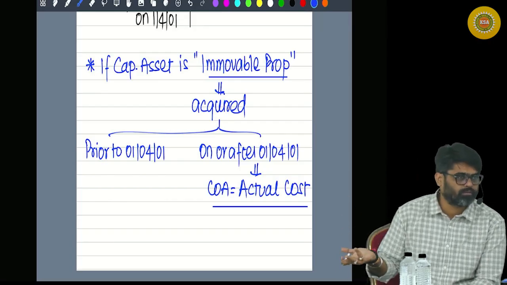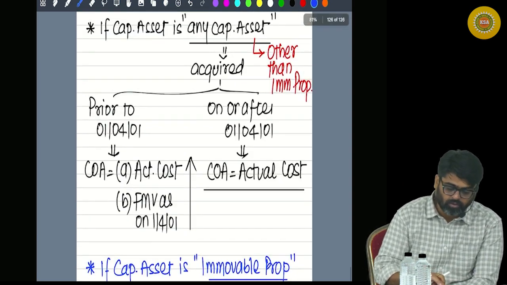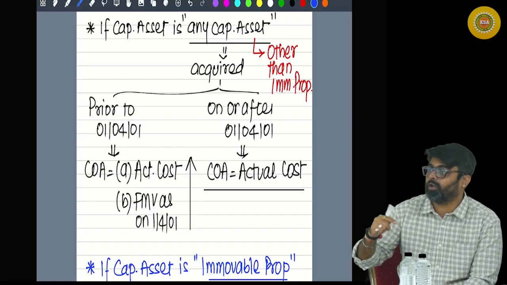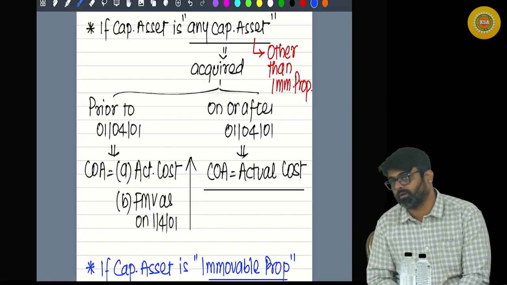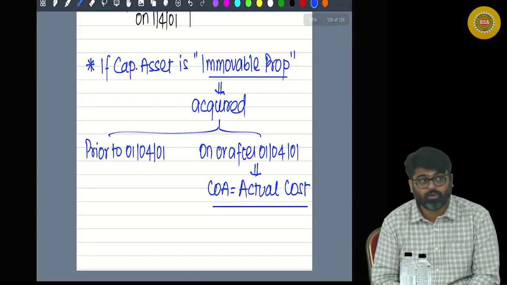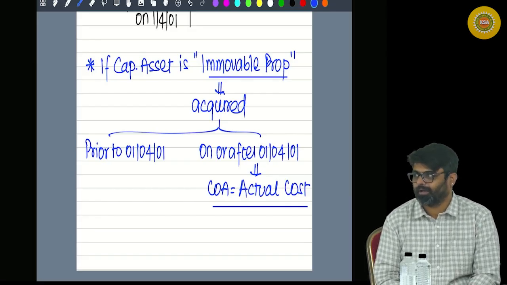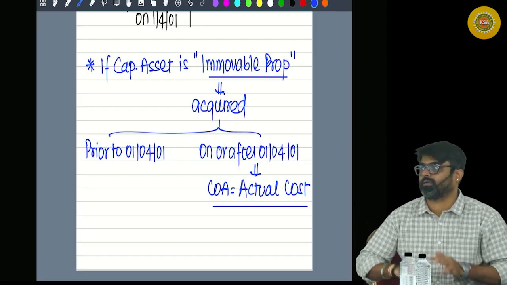There is no difference. Now, what if the asset was acquired prior to 1st April 2001? Did I get the option to take the fair market value as my cost? Yes or no? What will happen here? Will I get that option to take the fair market value as my cost? If you are attentive in my lecture, you will give me the correct answer for this.